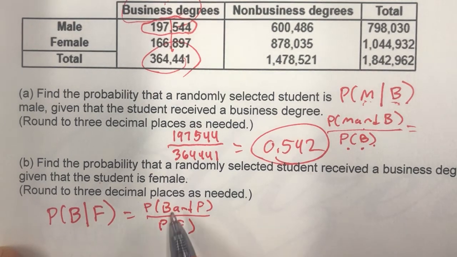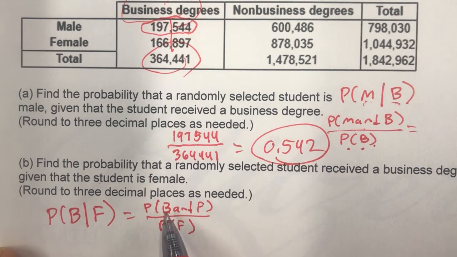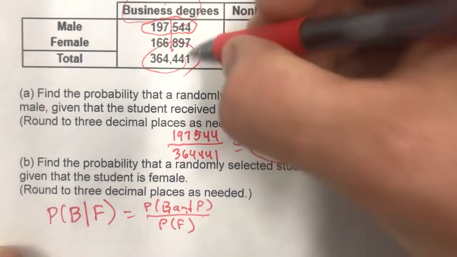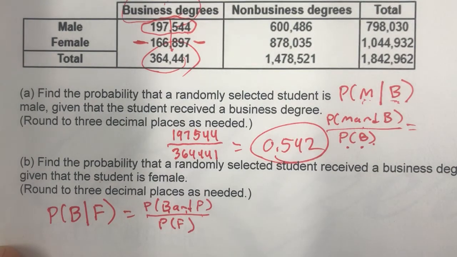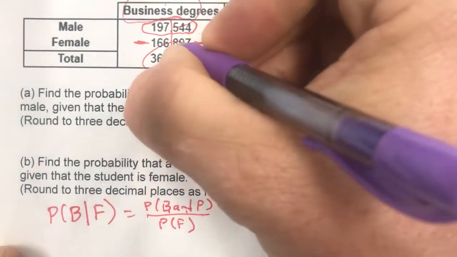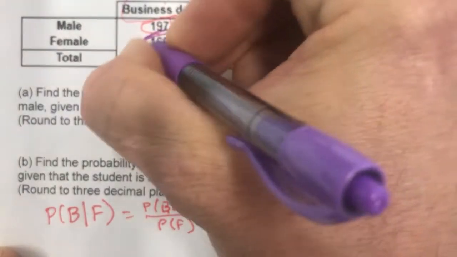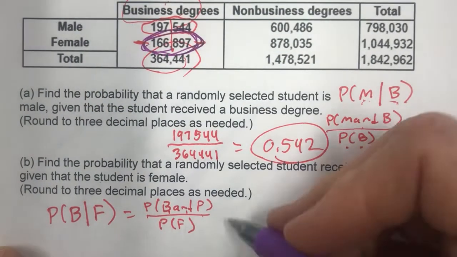Okay, so looking at the table here, look for the number that has a business degree and female. Well, that's this number right here. I'll do a different color this time. Right there. Okay, that's the number that goes on top.